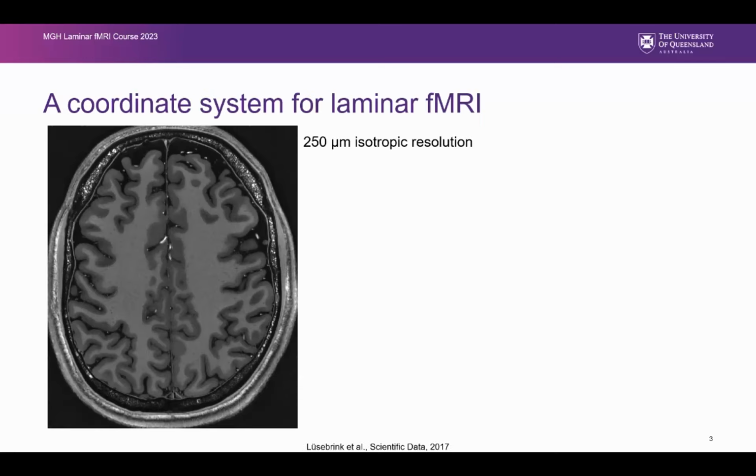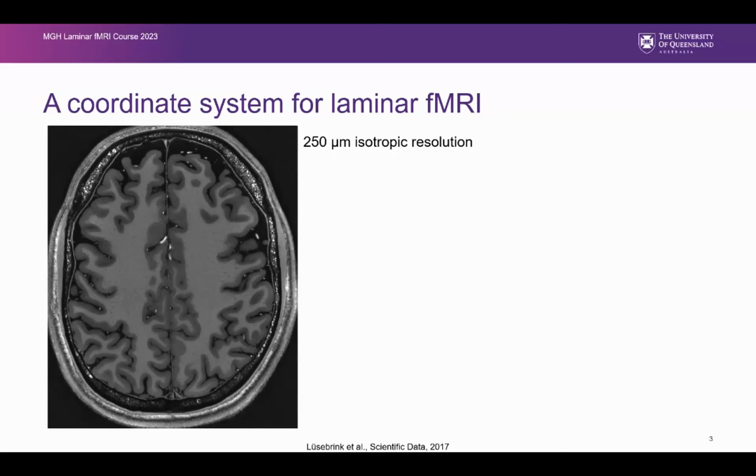So why do we acquire the data we acquire for structural imaging when we do laminar fMRI studies? The reason is we want to know where in the brain we are, in which cortical area and at which depth.